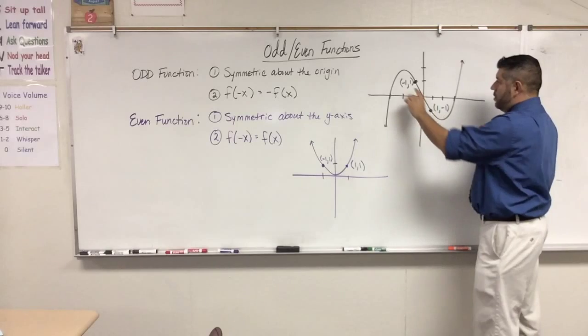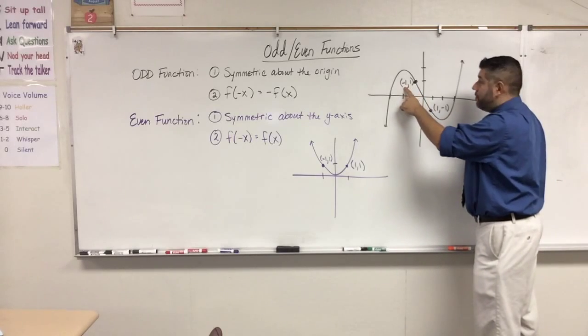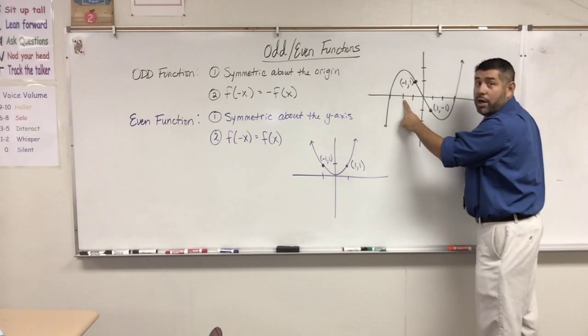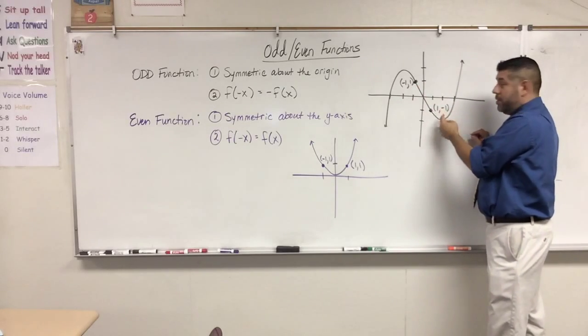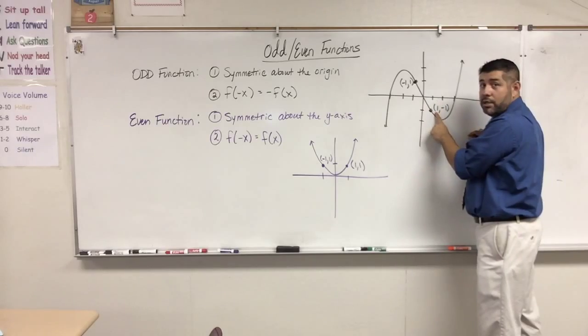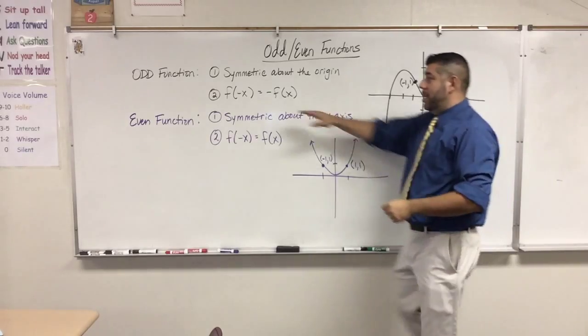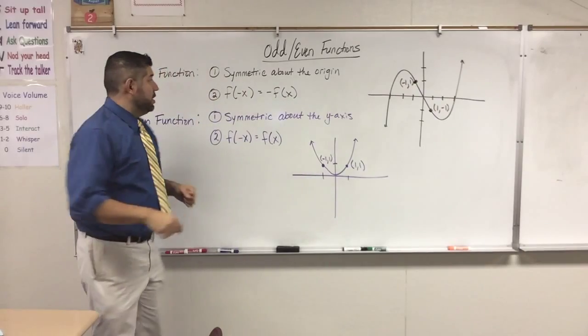So notice here that the x value is -1, and the y value is +1. Where over here they flip. If the x value is +1, then the y value is -1. That's where we get this function definition here.